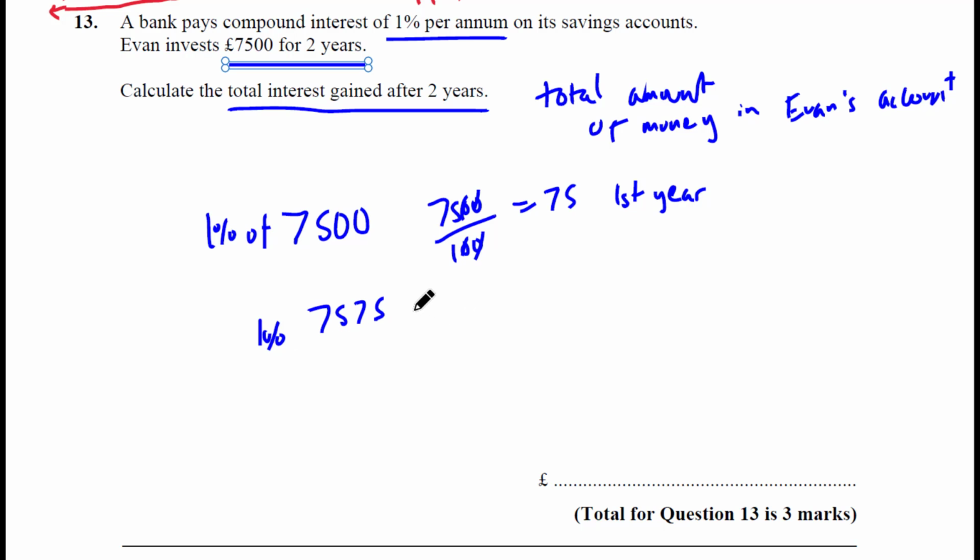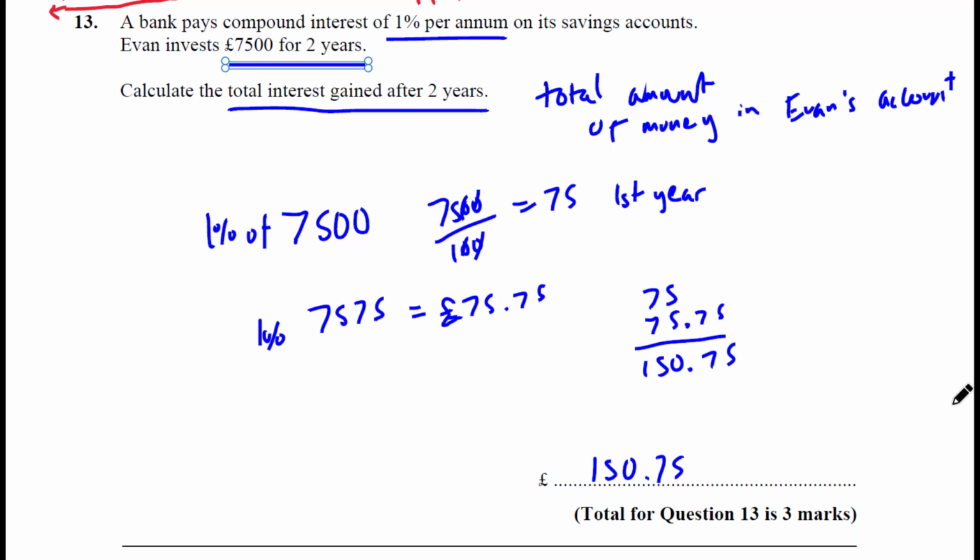This is pounds, remember, so that's going to be 75.75, and that's pounds. So we add these two amounts together, line it up correctly, and that's going to be 150.75. Perfect, that's another 3 marks, so we're on to 45.